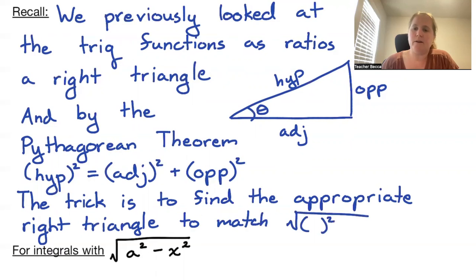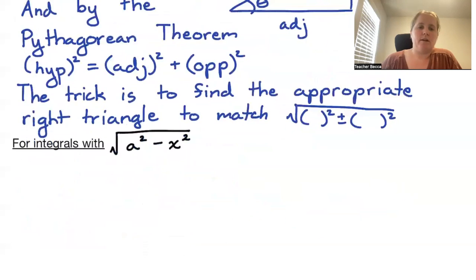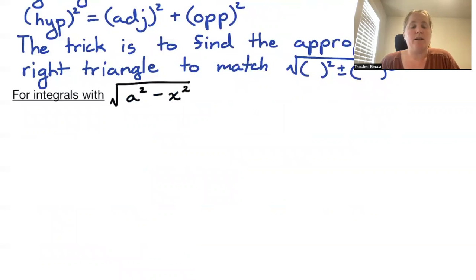So our square roots, again, are a square root of something squared plus or minus something squared. For the first square root we're looking at a square root of a squared minus x squared. If that square root pops up within our integrand, then anytime we have subtraction, the thing in front of the subtraction comes from our hypotenuse.